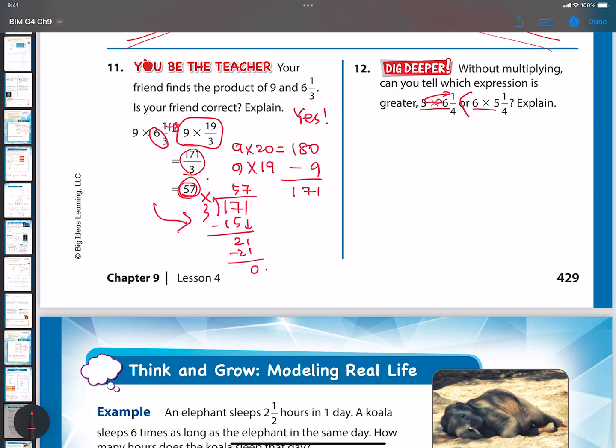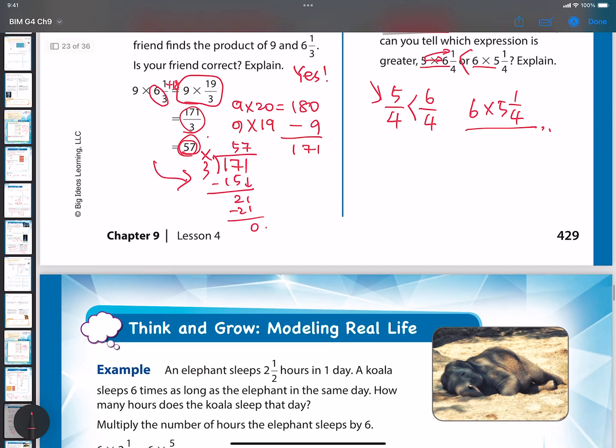But you need to multiply anyway, and they say without multiplying. Doesn't make sense. So one more time, the matter is 5 over 4 and 6 over 4. This is greater. So the answer is 6 times 5 and 1 over 4 is greater. And this is my explanation.